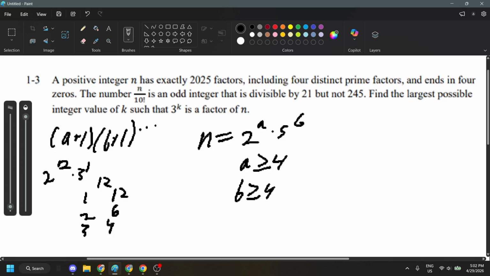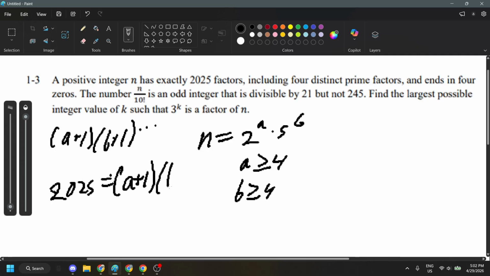So 2, yeah, that makes sense. So 2025 is going to be equal to something, a plus 1 times b plus 1 times other stuff. Okay.